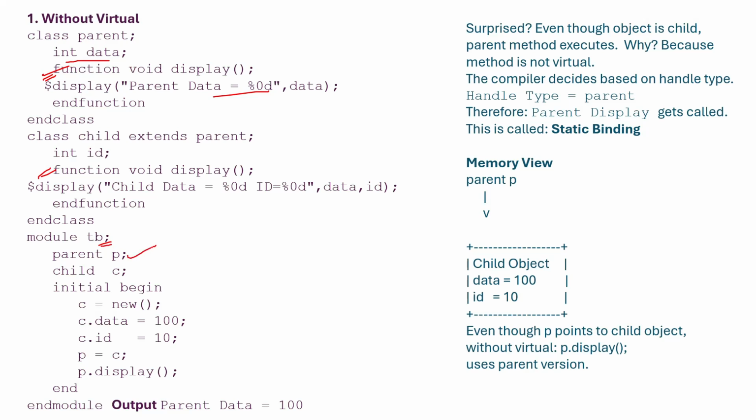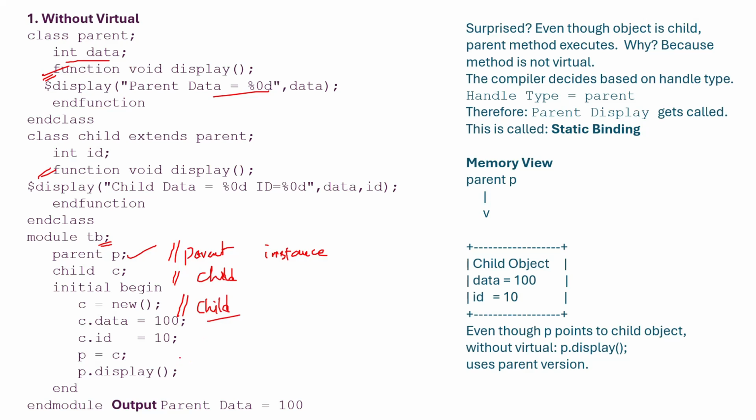In module TB, I'm creating the instance for my parent. This is the parent instance. And the other instance is the child instance. For whom are you creating the object here? The child. This is my child object.